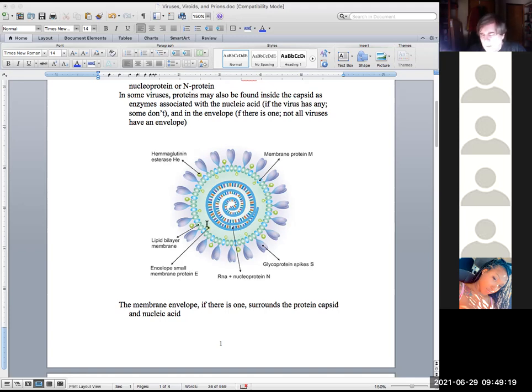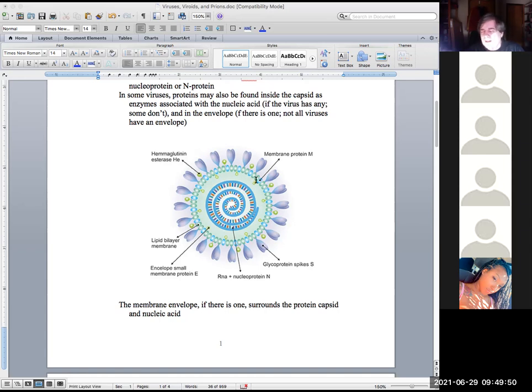Now, some viruses have a layer out here that they pick up from the cells that they infect, their host cells. And this is the virus envelope, or it's sometimes called the virus membrane, but it's not exactly the same as the plasma membrane on a cell.